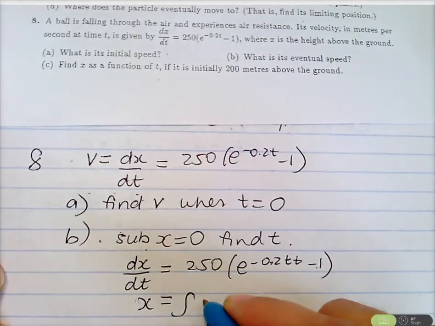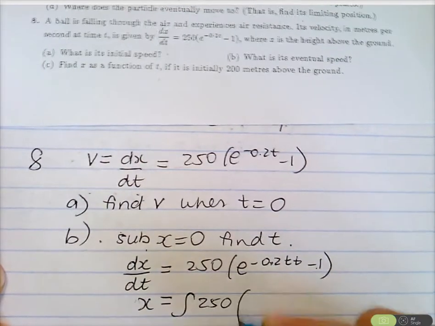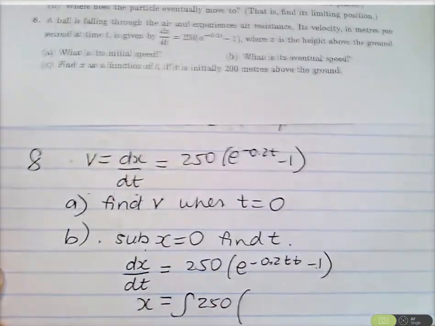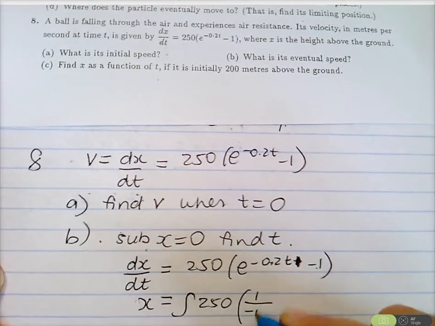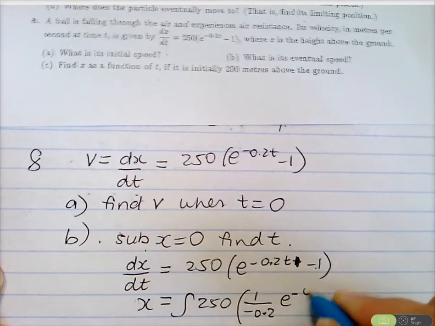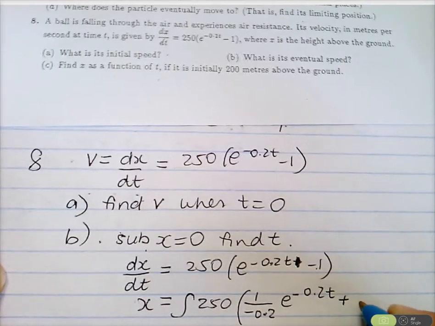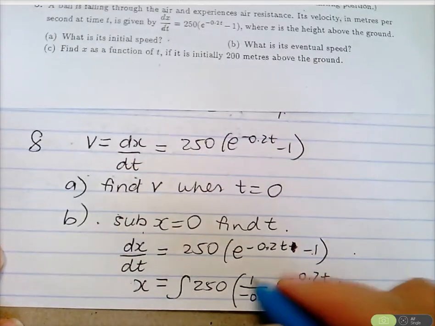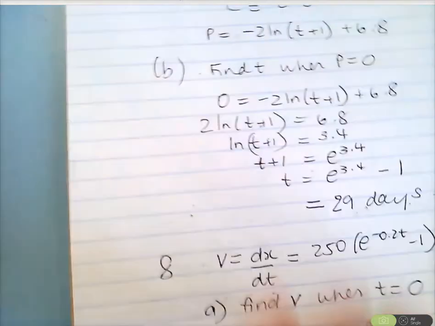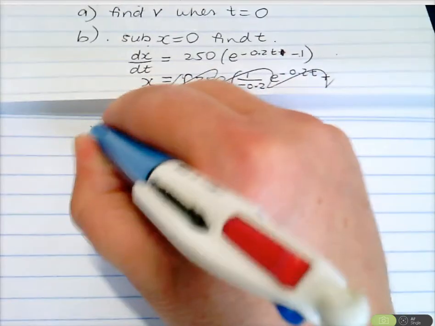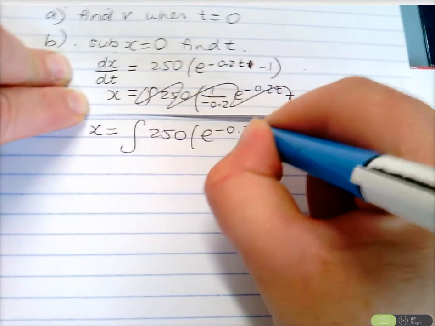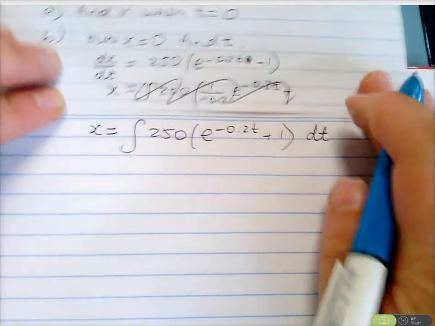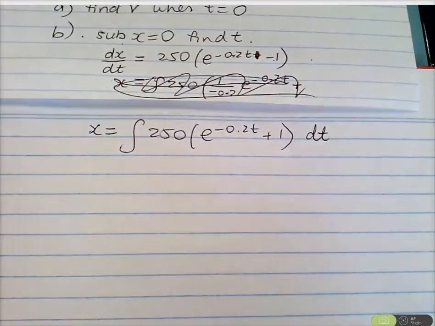So x is, I'm going to keep this constant there, 250, and integrate e to the negative 0.2t. Sorry, I'm integrating and writing the integral. x is the integral of this, dt.